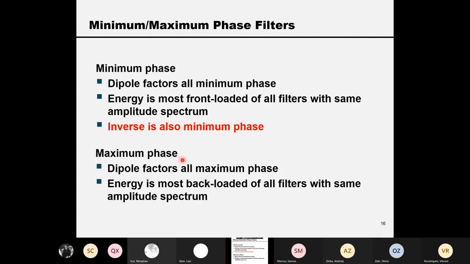For a maximum phase filter, the dipole factors are all maximum phase. Otherwise, it is mixed phase. So the energy is the most backloaded if you compare to any other filters that have the same amplitude spectrum. That's the maximum phase.